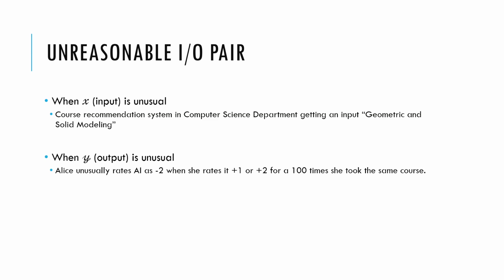Another case that would make an input and output pair unreasonable is when Y, the output, is unusual. Say, for the same course recommendation system, we have Alice. Let's suppose Alice takes the course AI 100 times without remembering it.